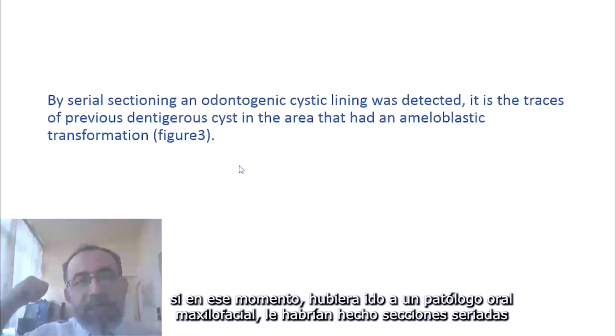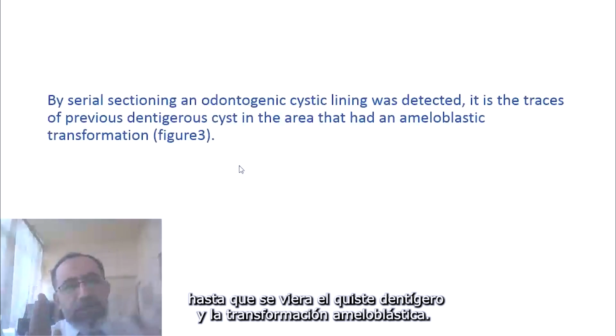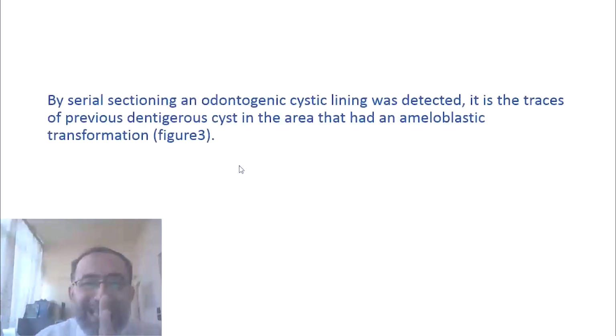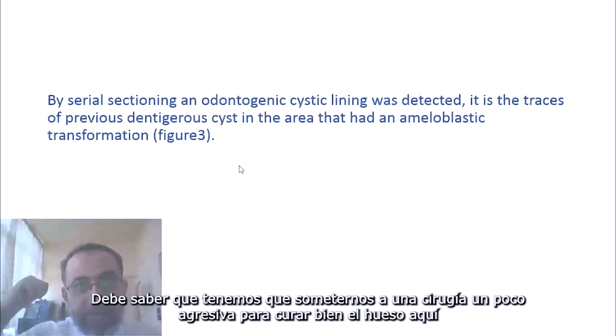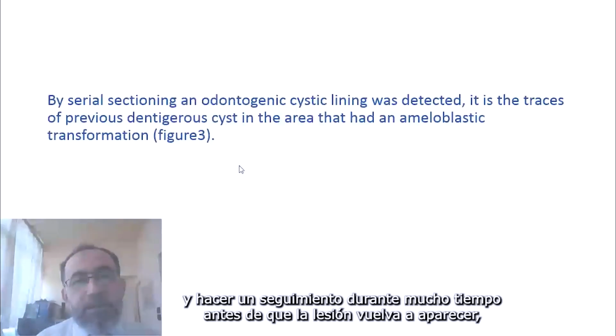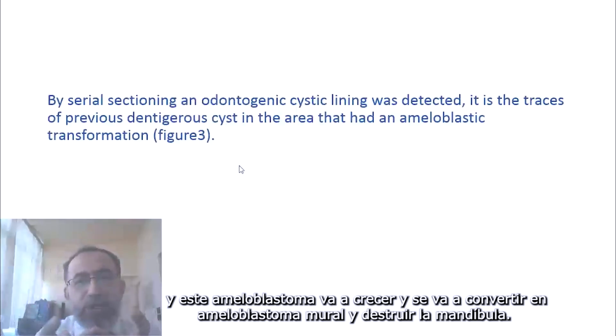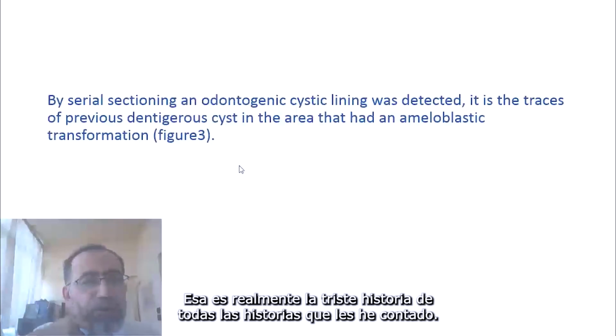If at that time it went to an oral maxillofacial pathologist and made serial sections till he saw the dangerous cyst, and the ameloblastic transformation in the dangerous cyst, at the time, he should know that we have to have a bit aggressive surgery to curettage the bone here well, and to follow up for a long time before the lesion reoccur, because it's not anymore dangerous cyst, it's a transformed dangerous cyst, it's transformed to ameloblastoma, and this ameloblastoma is going to grow up and it's going to be turning into mural ameloblastoma and destroying the jaw.